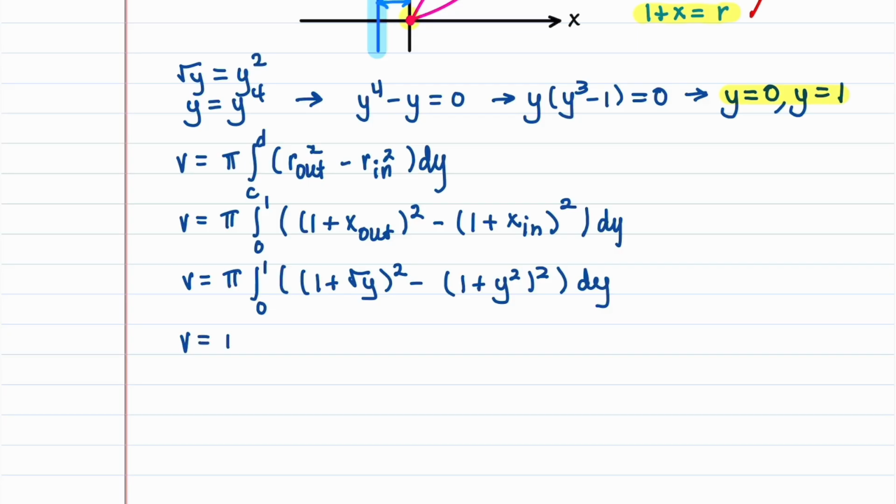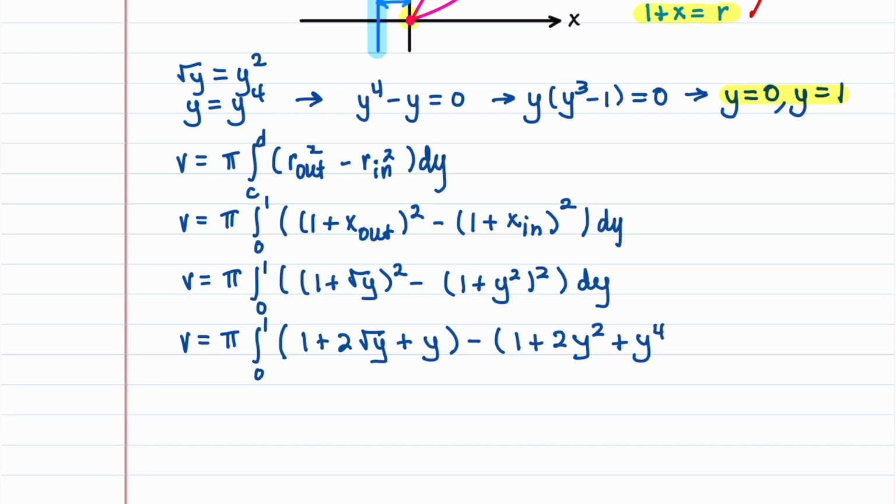Before we integrate, we want to go ahead and multiply everything out. 1 plus the square root of y quantity squared is 1 plus 2 root y plus the square root of y squared, which is y, minus 1 plus y squared, quantity squared, and that's 1 plus 2y squared plus y to the 4th times dy.